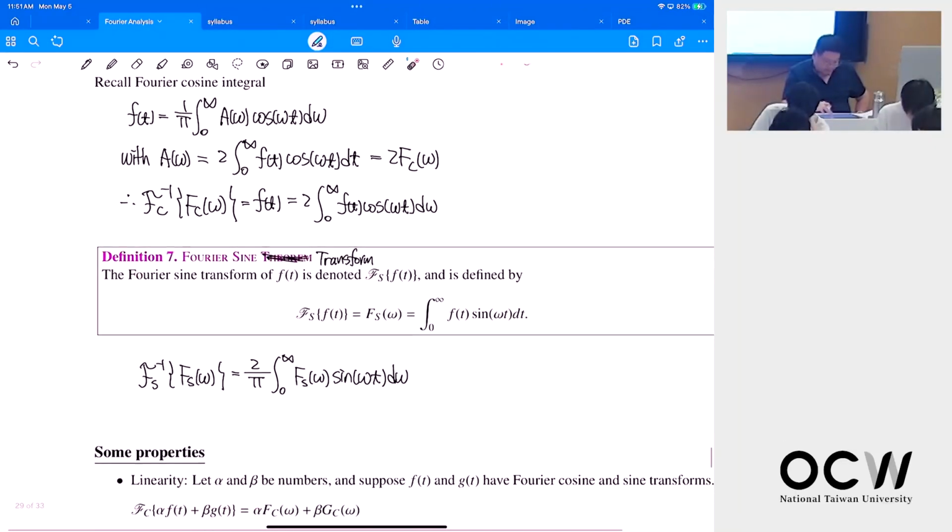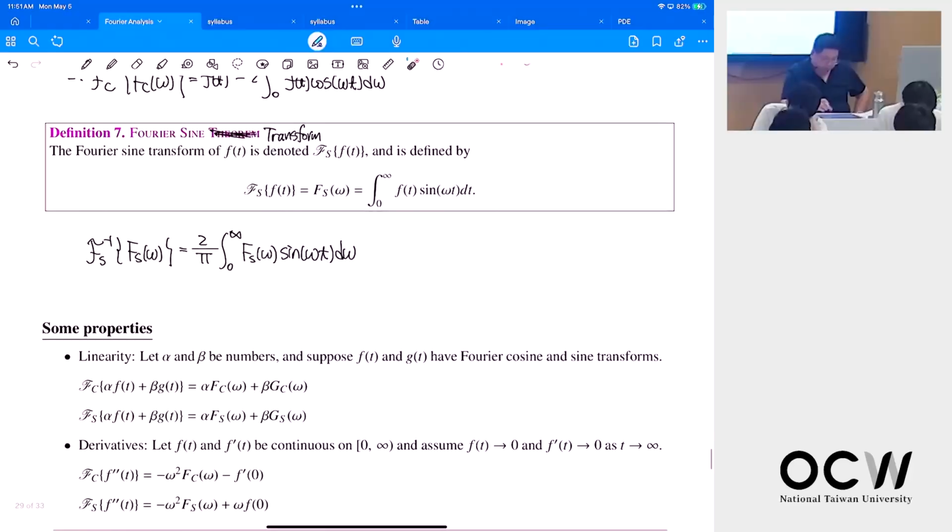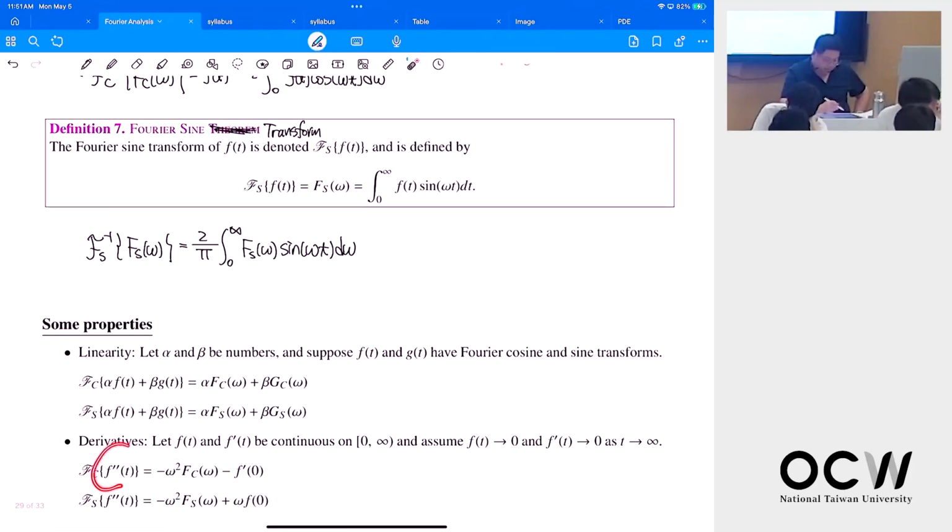And then here we have some properties like linearity. If I have two functions and then I want to find the Fourier sine or cosine transform, I can have the Fourier sine or cosine transform first and then do the linear combination. And for the derivatives, remember for taking the derivatives, in your frequency domain, I will create I omega.